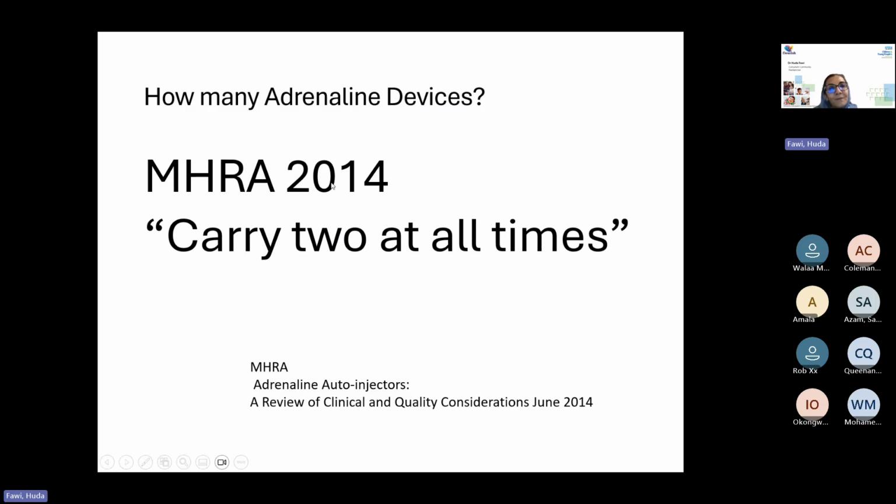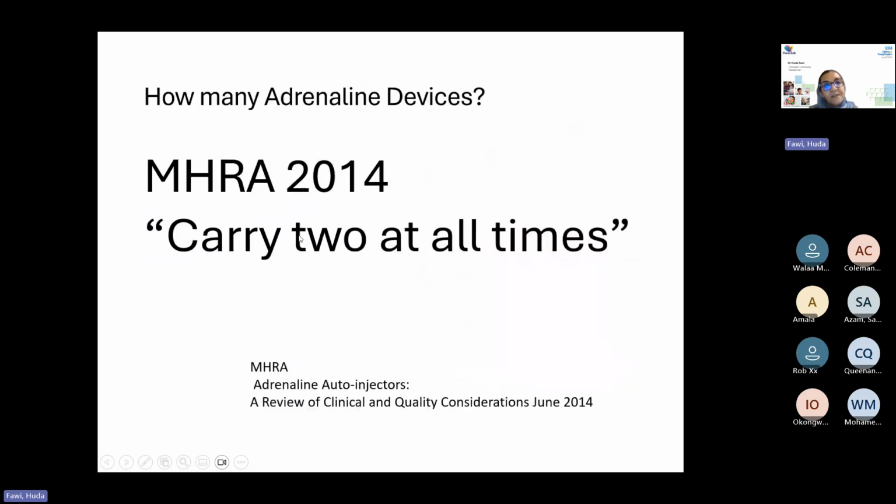Again, one of the common questions by the GP: why, Dr. Fawi, are you saying 2 at all times? It is expensive. It costs £26. Yes, it costs £26, but the MHRA tell us that they need to carry 2 at all times.